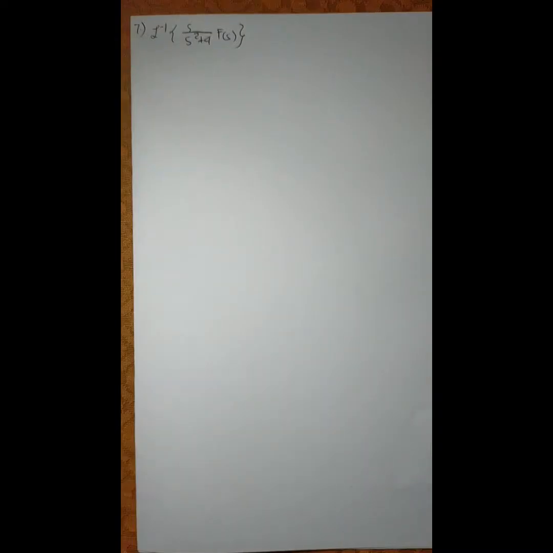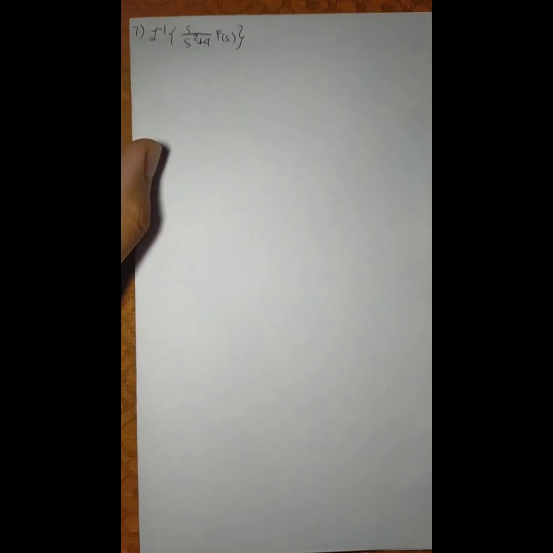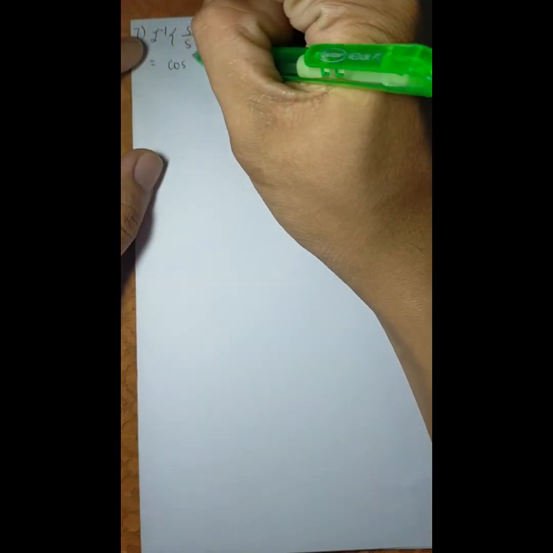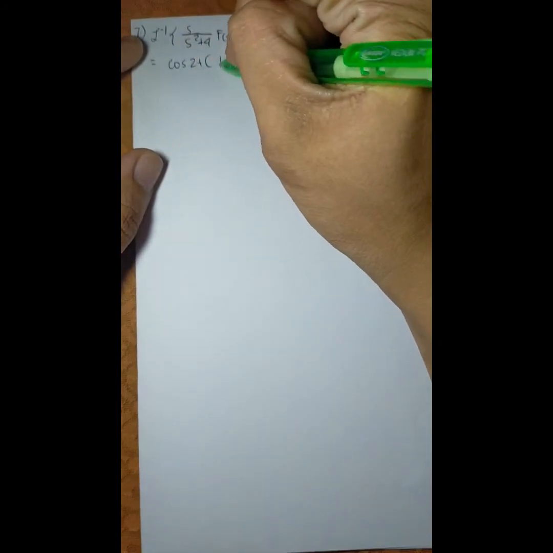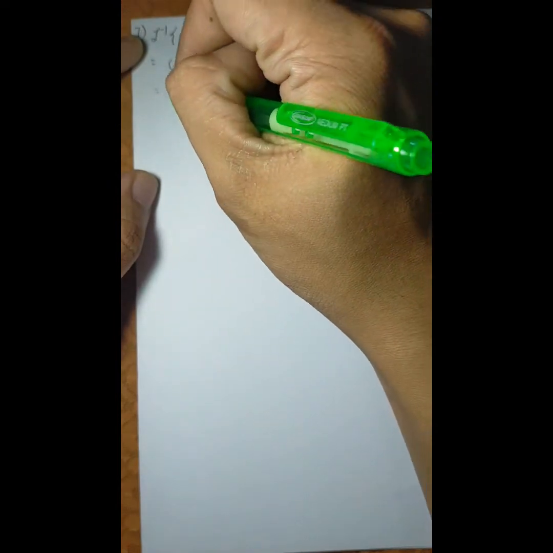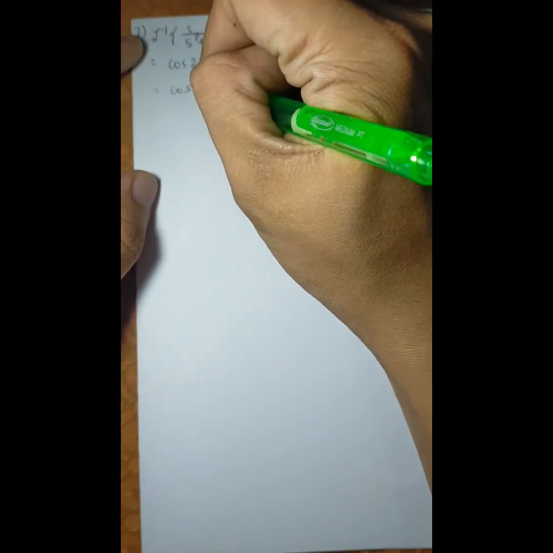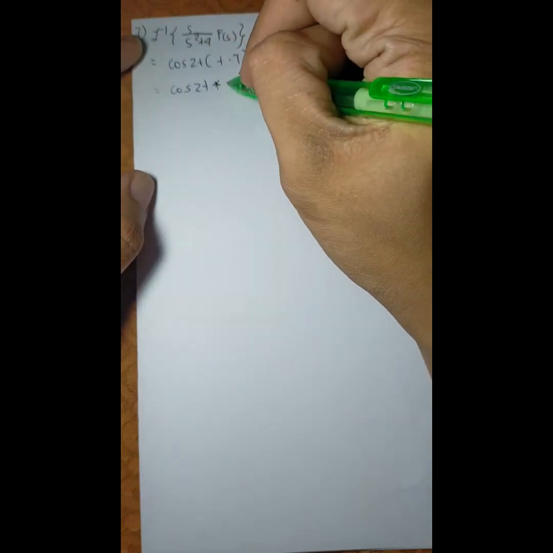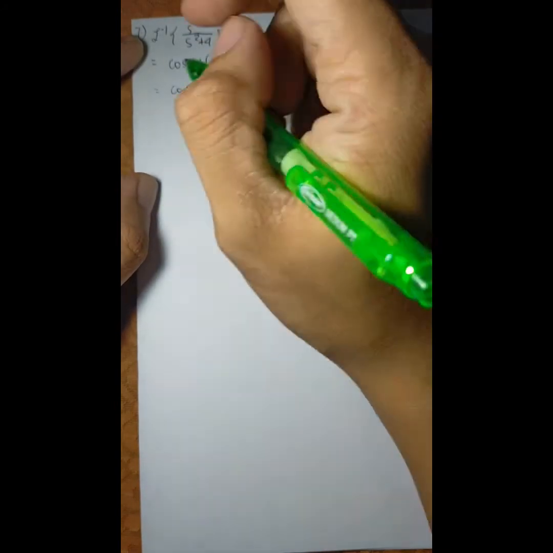On our number 7 problem, we have inverse Laplace of s over s squared plus 4 times F of s. So this can be equal to cosine 2t times (t minus tau) plus 2 cosine 2t convolved with t minus tau.